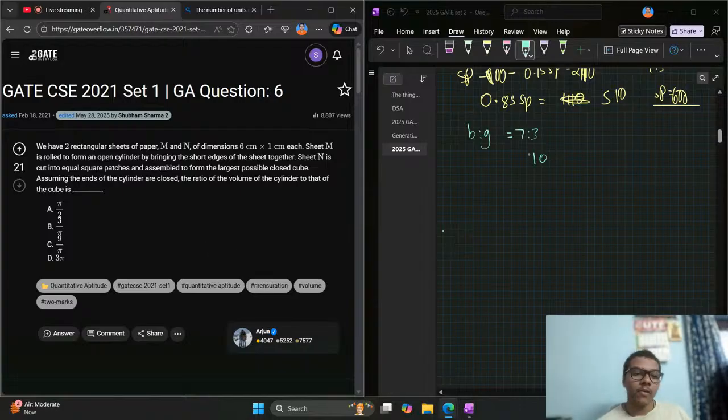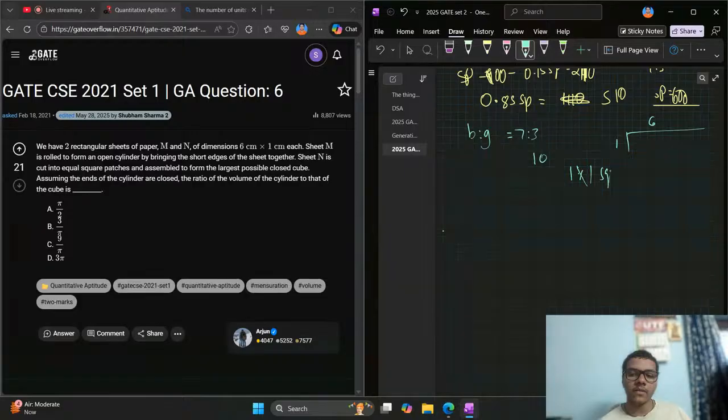We did a similar question. 6 centimeters into 1 centimeter, open cylinder. Okay. Equal square patches. Okay, that is 1 is to 1 square patch. Largest possible closed cube. Volume of cylinder to the volume of cube.